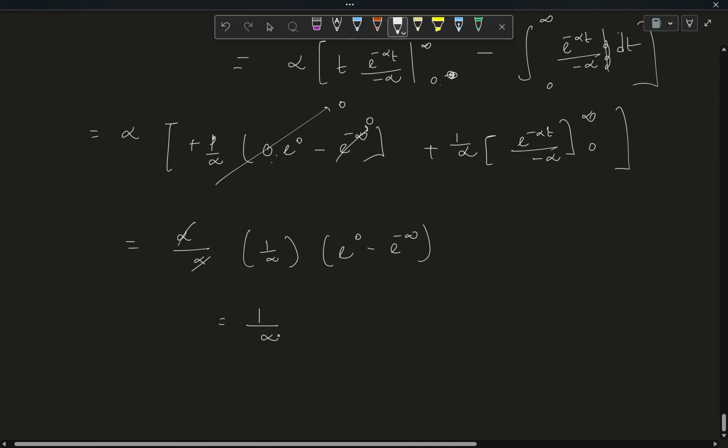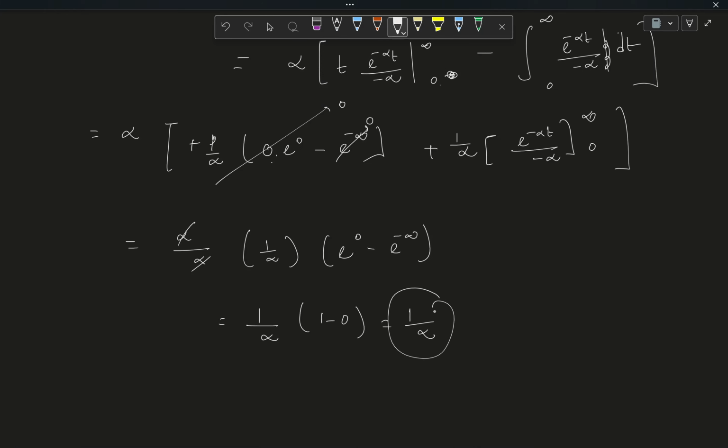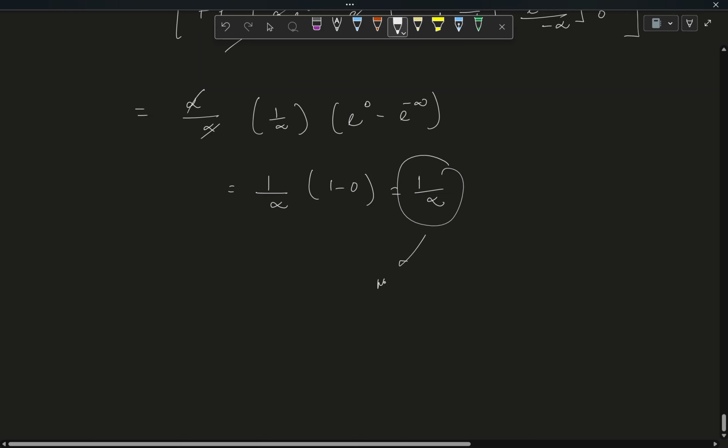So you get 1 by alpha times 1 minus 0, which is 1 by alpha. So basically you get your mean free time as 1 by alpha. Now you can see that the concept is exactly similar. The derivations are also exactly similar, only instead of the path length, you now have time interval. Otherwise everything is just equivalent.